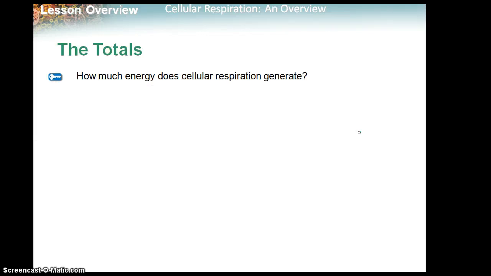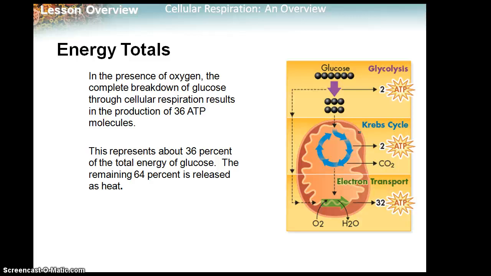So let's look at how much energy we've actually generated through all of this cellular respiration. Well, in the presence of oxygen, we have glycolysis out in the cytoplasm, and we're going to produce 2 ATP. We're also going to produce NADH.